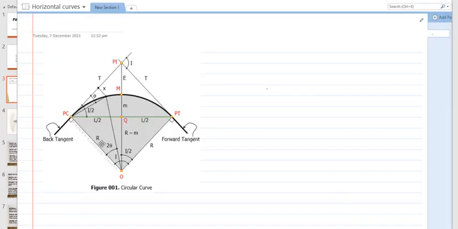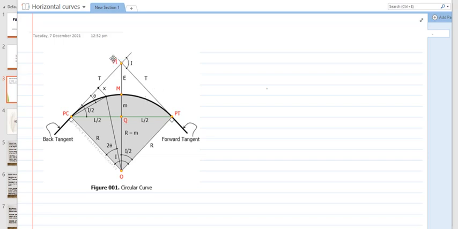A curve is initially laid out with two straight lines or tangents. So these are the two straight lines. These lines are extended until they intersect. They must intersect; if they do not intersect, it cannot be categorized as a curve.